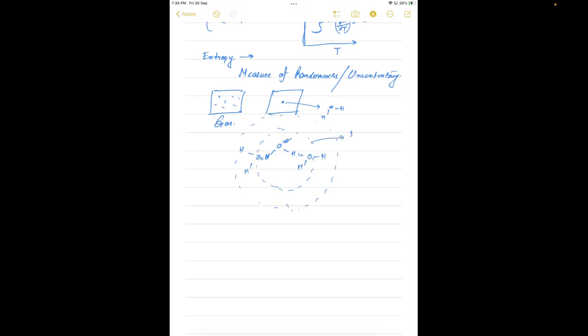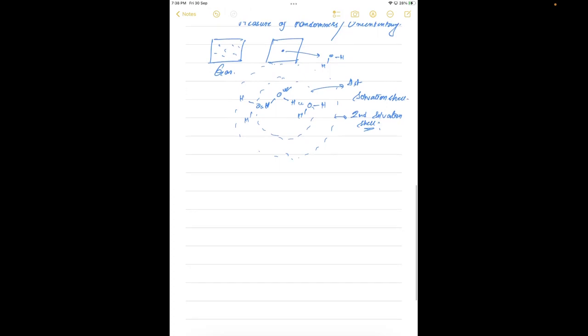So this is the first solvation cell, this is the second solvation shell. Basically around the center water molecule there is a short range order. Why short range? Because this order persists only up to a very short range around the center water molecule.